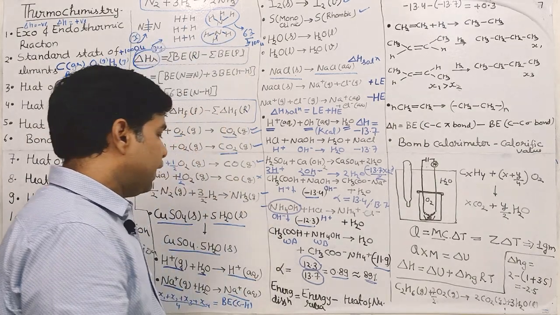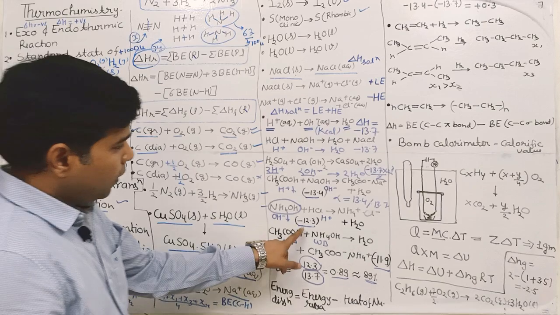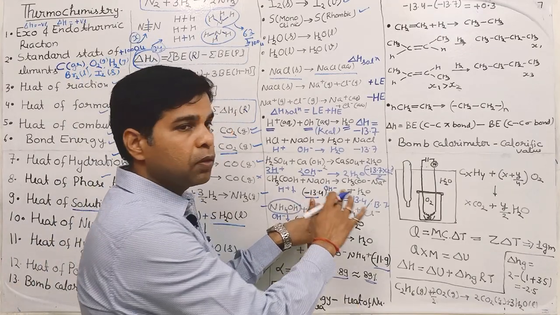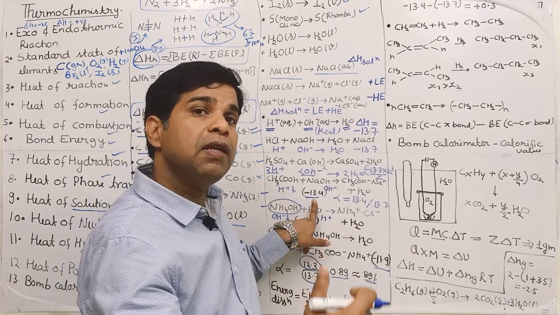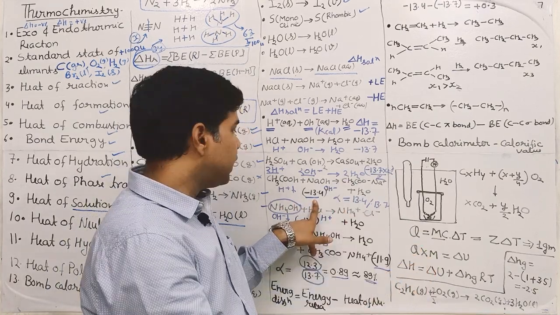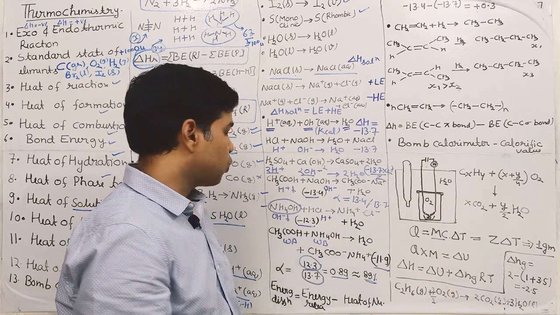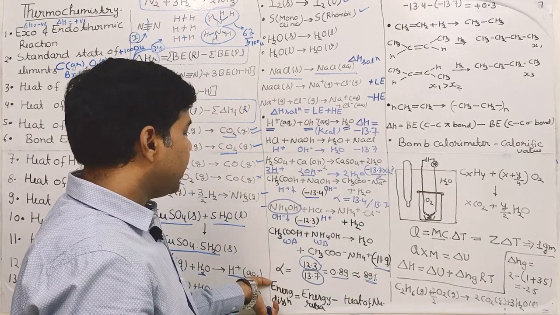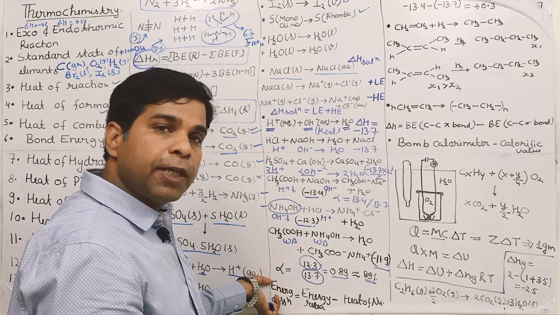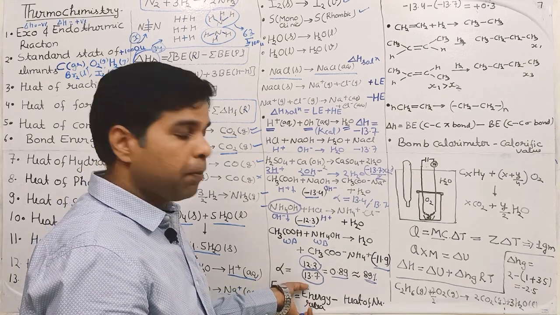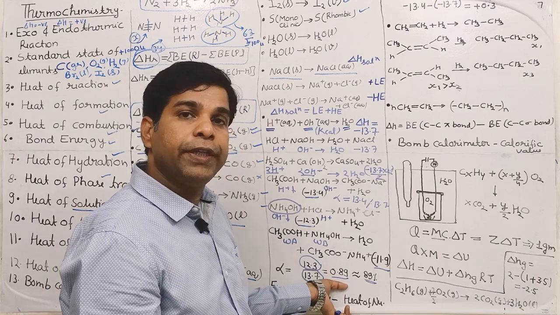Look, how much energy is released by themselves? 13.4. Then what is the extra energy we have to supply so that the weak electrolyte can also undergo 100% dissociation? That is called the energy required for the dissociation. It has the formula: energy release minus heat of neutralization.